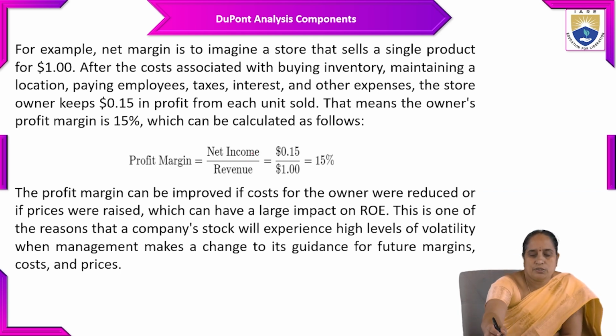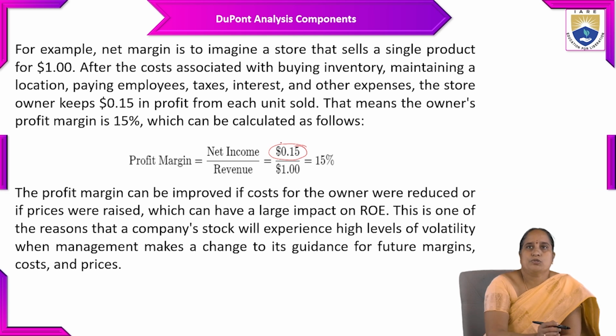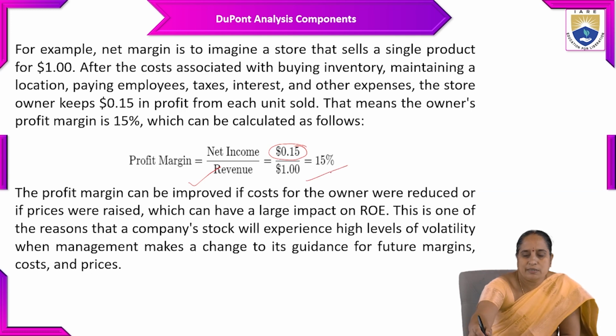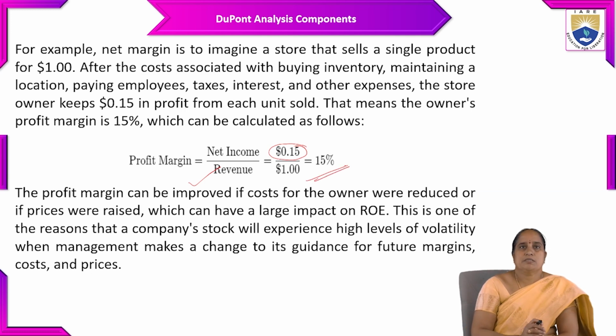Profit margin is equal to net income divided by revenue. The net income earned by the store owner is 0.15, divided by total revenue generated by selling a single product, which is $1. If you simplify that, we get 15%. So this is the total profit margin earned by the store owner.